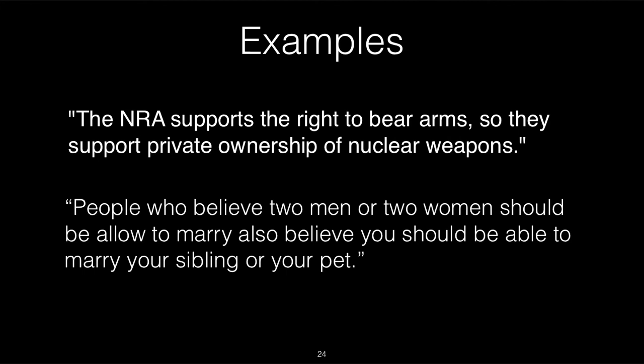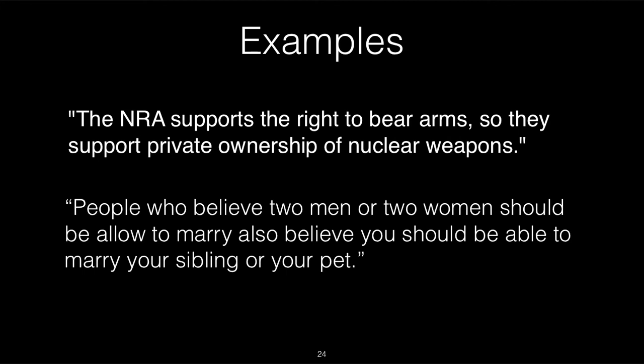So if the NRA came out with a statement and said the right to bear arms includes all arms and all arms includes nuclear weapons, then that would be a legitimate criticism, and now I have to attack that argument. Why is that a good or bad argument? But if I say, well, because they support one thing, I imply that they support another, and there's no NRA member who's made that statement, or the organization hasn't made it, then that would be committing a straw man fallacy.